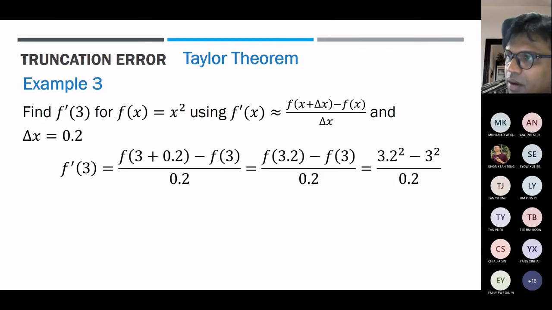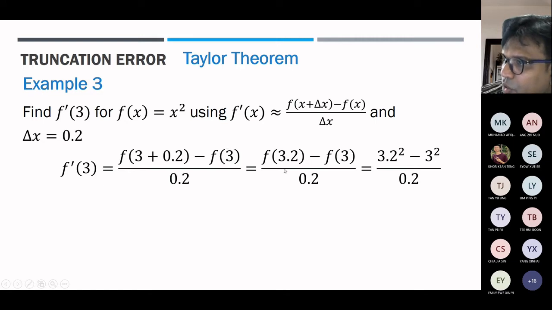Now, in order to determine this when x is 3, you just plug those values into the forward difference formula. So 3 is the given value x, and this is the step size, which is 0.2, and minus your f(x) value when you substitute the 3.